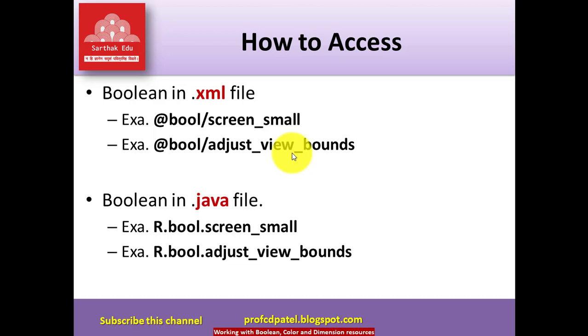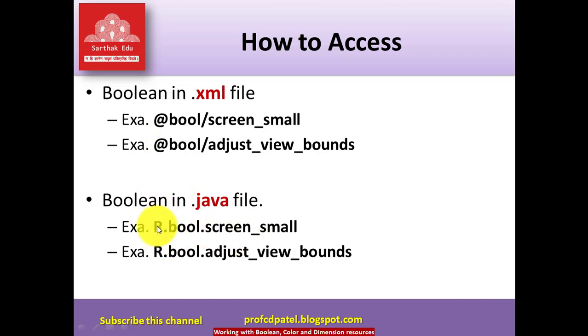Now the next part is how we can access Boolean resources in a Java file. Same as I already explained, the difference between XML syntax and Java syntax: @ is represented by R, slash is represented by dot, and all the things are the same.